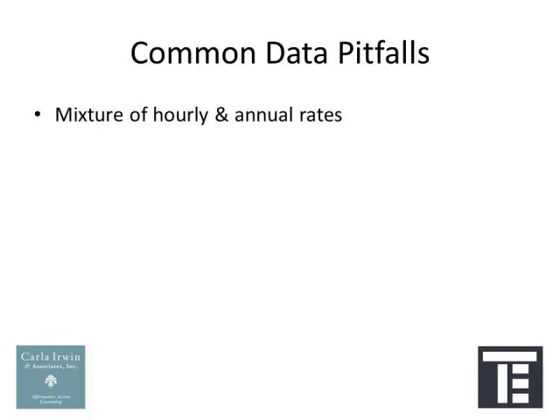That's probably the number one pitfall that I see in files. Don't have a mixture of hourly rates and annual rates. Do them all in terms of hourly rates. Do them all in terms of annual rates or full-time equivalents. But make sure that whatever you're measuring, whether it's hours, annual rates, etc., make sure that you're consistent.